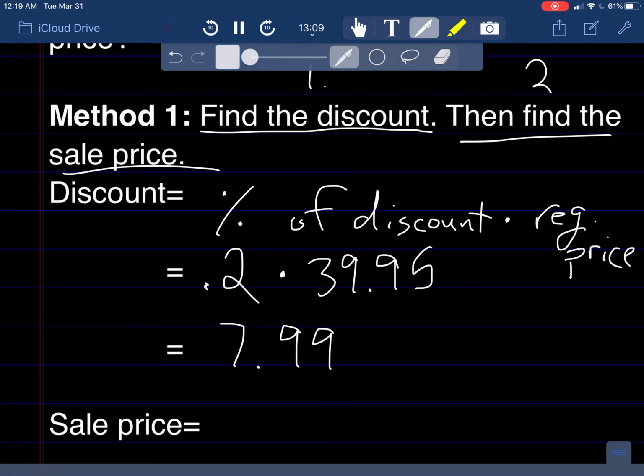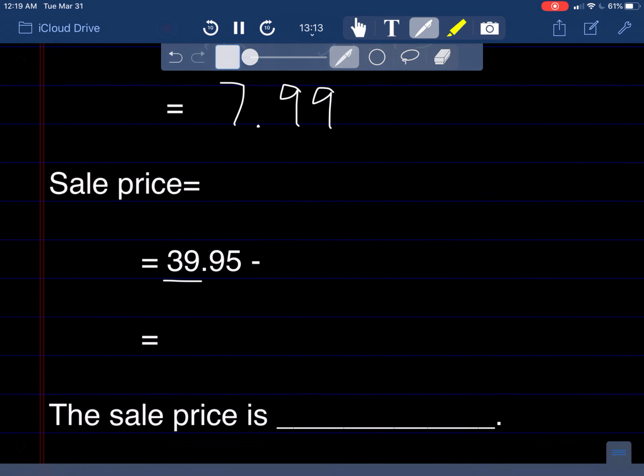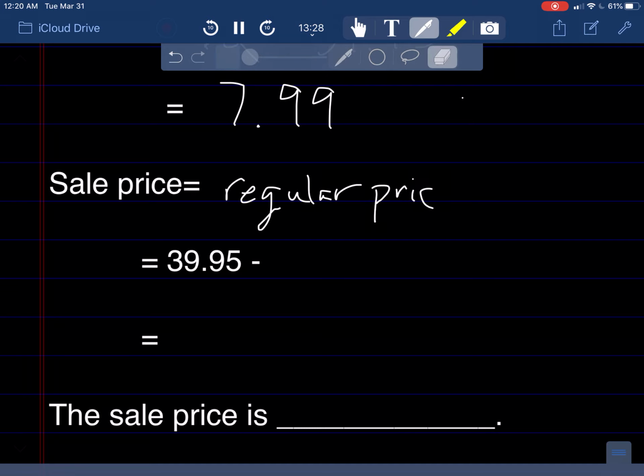Now we're going to calculate the sale price using that discount we just found. So the formula for sale price, we're going to take the regular price, and we are subtracting the discount.